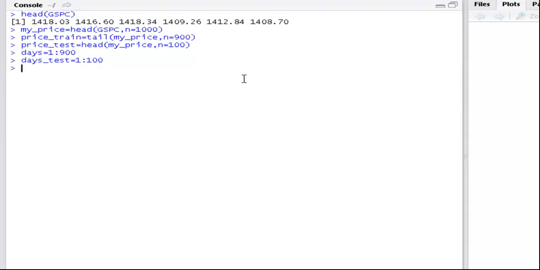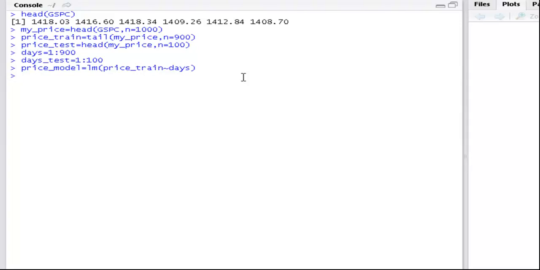So what do I have to do? I'm gonna have to fit the model. So my model is gonna look at what happened with the stock market, so that's in price train during the period days, from 1 to 900. It's that easy.